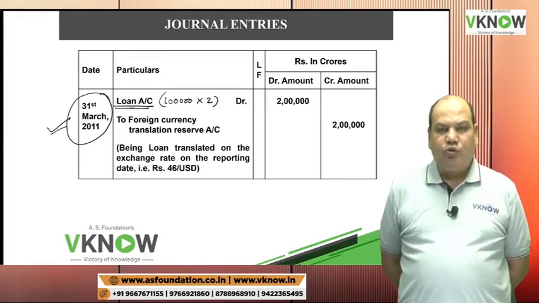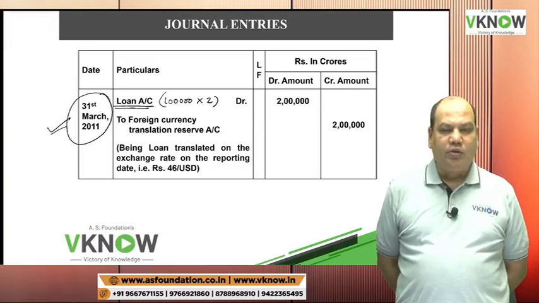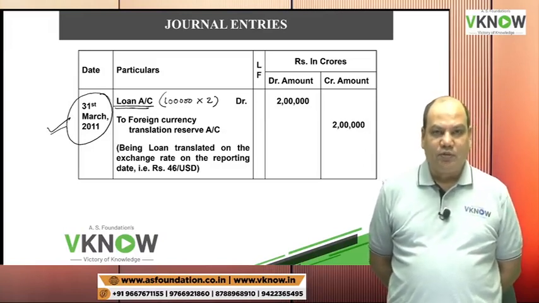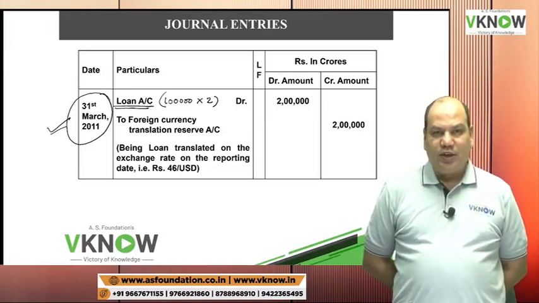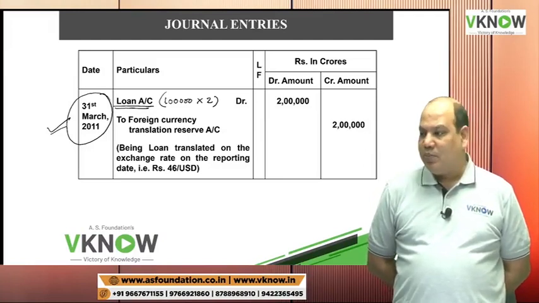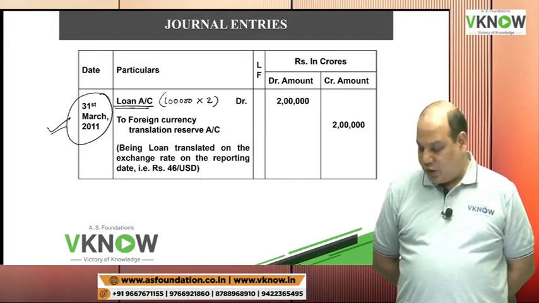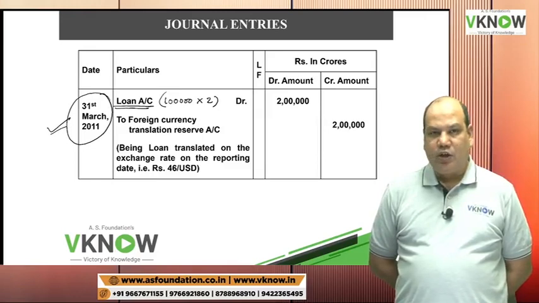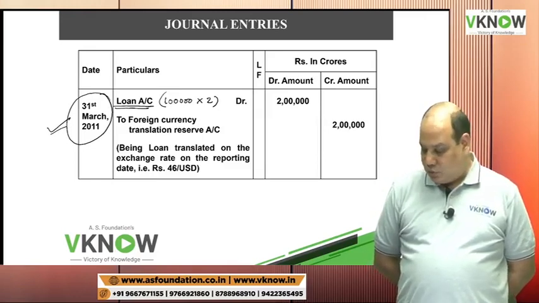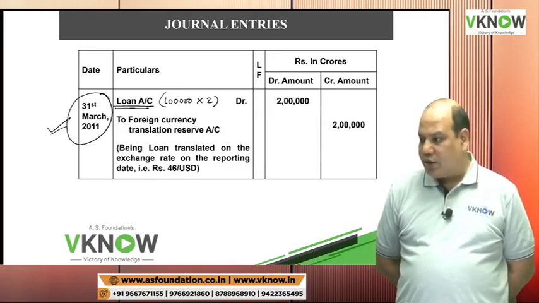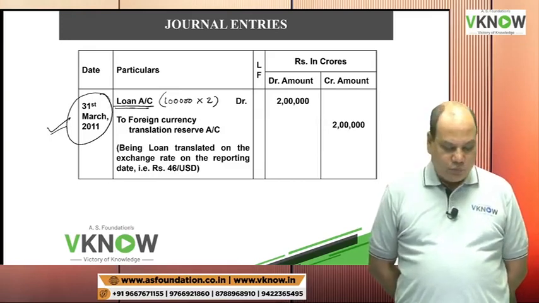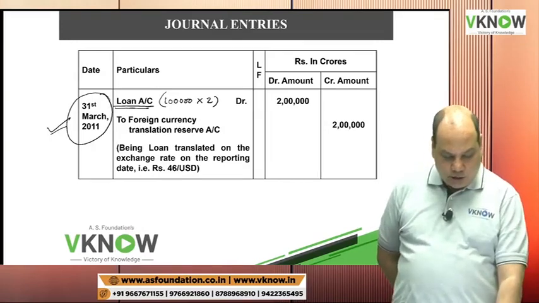Loan will also reduce by 2 rupees from 48. The exchange rate is 46 now. So 2 rupees gain as far as liability is concerned. So entry will be loan to FCTR 2 lakh, being loan translated at closing rate.